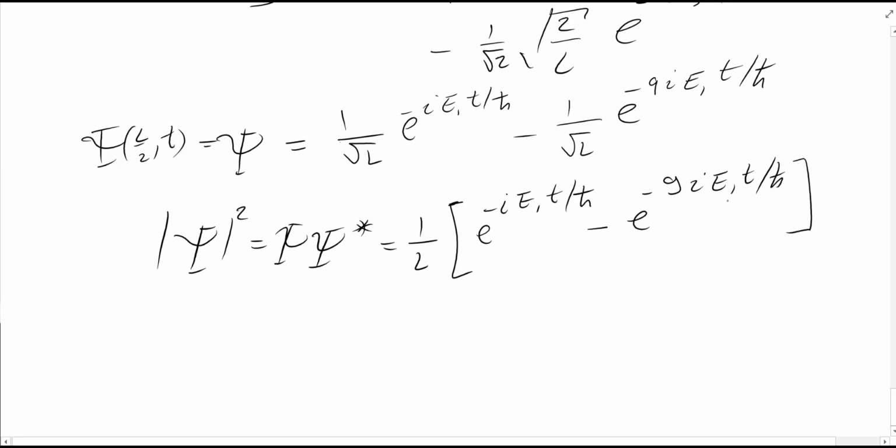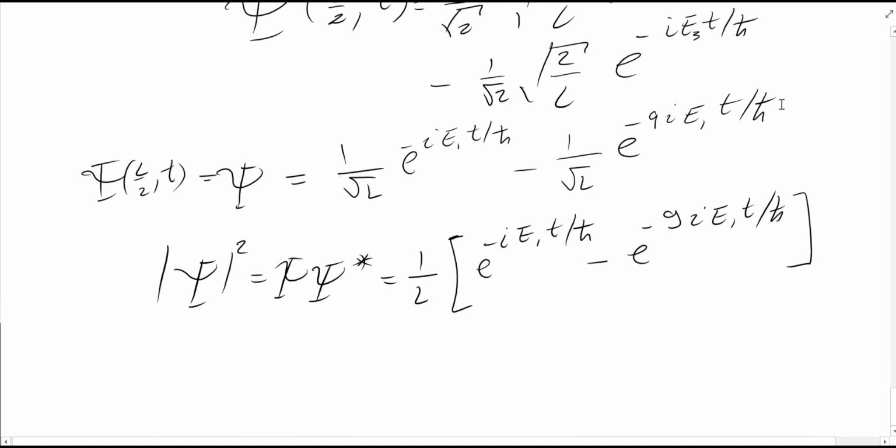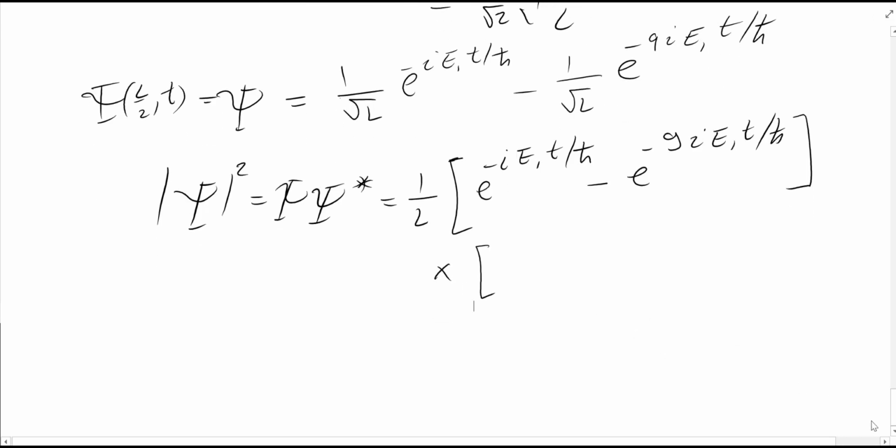Remember, E1 is given by that whole big term in here, h bar squared pi squared over 2mL squared, times the complex conjugate, which is wherever you see an i, you change its sign. That's all. So now it's going to be an exponential of positive i E1 t over h bar minus exponential of positive 9i E1 t over h bar.